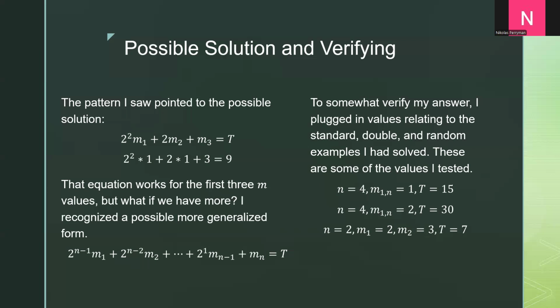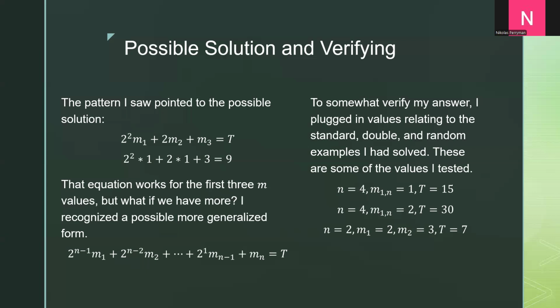So that's why it starts at 2 to the n minus 1 times m sub 1. And then it counts down from there until it would be 2 to the 0, or it's just 1. So we don't actually have to show that multiplying m sub n.